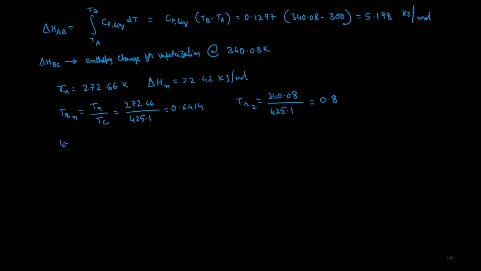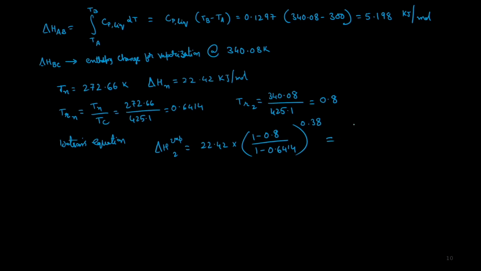So we can use Watson's equation or Watson's correlation to calculate delta H2. It's going to be delta Hn, which is 22.42, times (1 minus TR2) by (1 minus TR1), that is 1 minus 0.8 over 1 minus 0.6414, to the power 0.38.